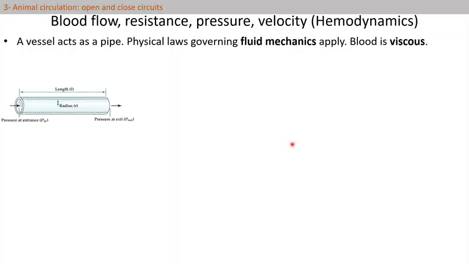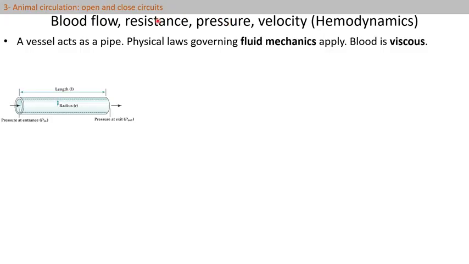So why does it matter? Well, let's do a little bit of hemodynamics. What is that? It's the physics of blood flow. And I want to discuss the relationships between blood flow, resistance, pressure, and velocity. So velocity is how fast the blood goes through a pipe. Pressure is obviously positive pressure coming here from the heart.